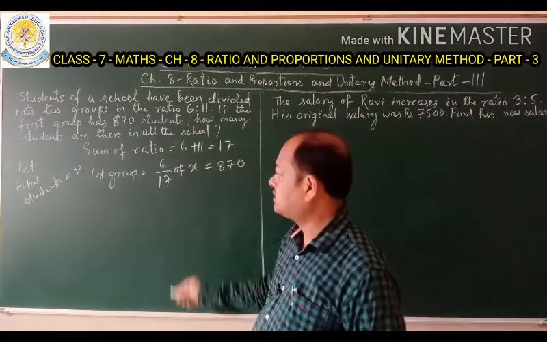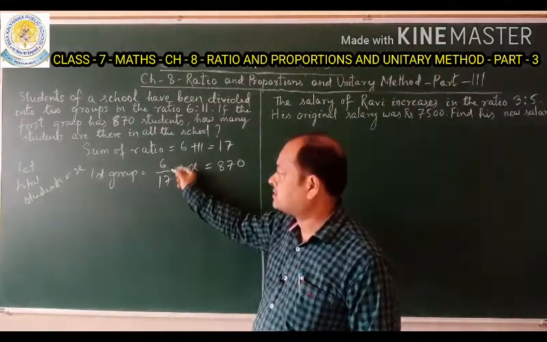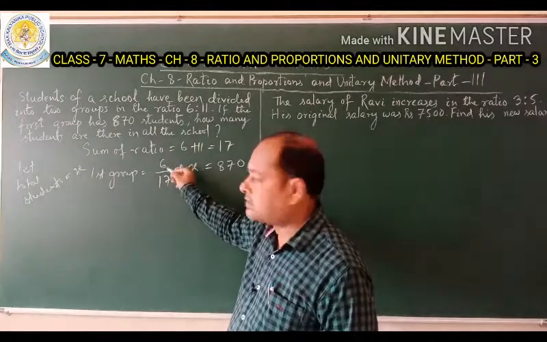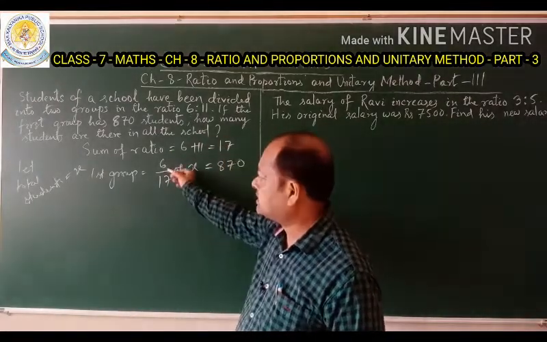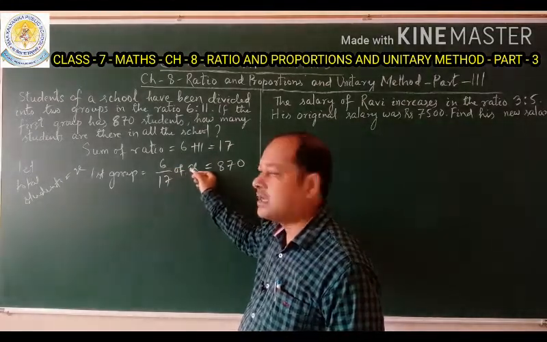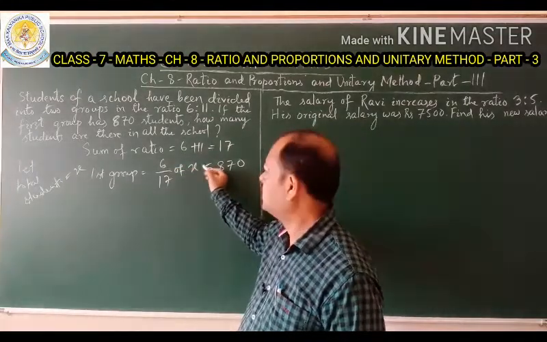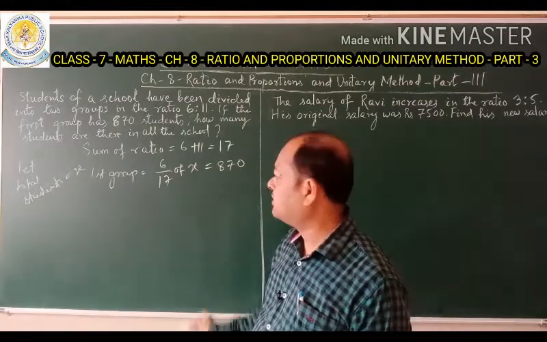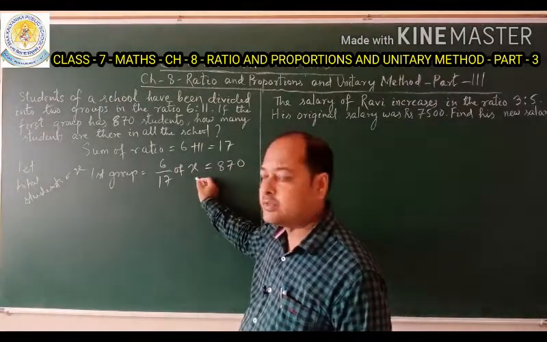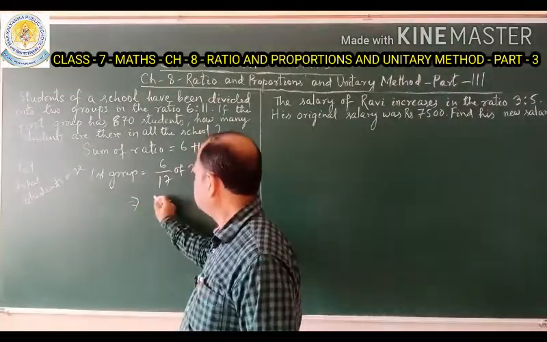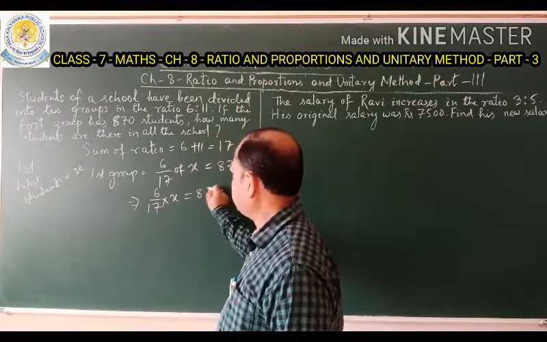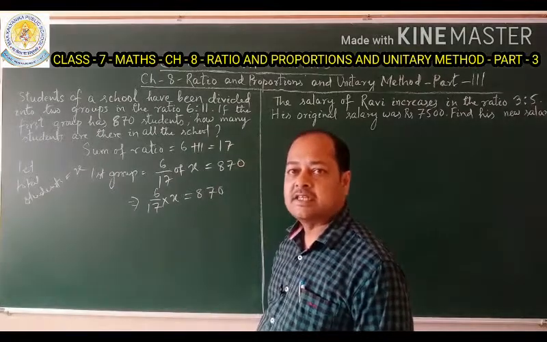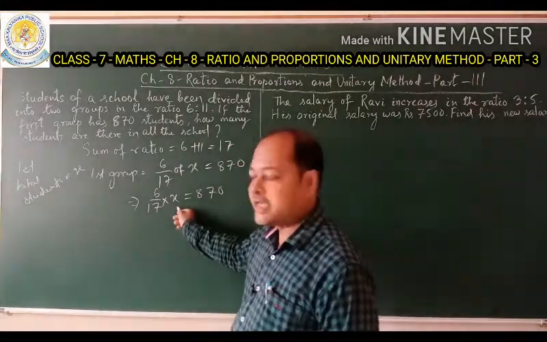So it is given 6 upon 17. 6 is the first group upon 17, the total sum of the ratio, that is 6 upon 17 of x, means of the total, equal to 870 is given. We have to find out the x value here, so 6 upon 17 into x equal to 870.